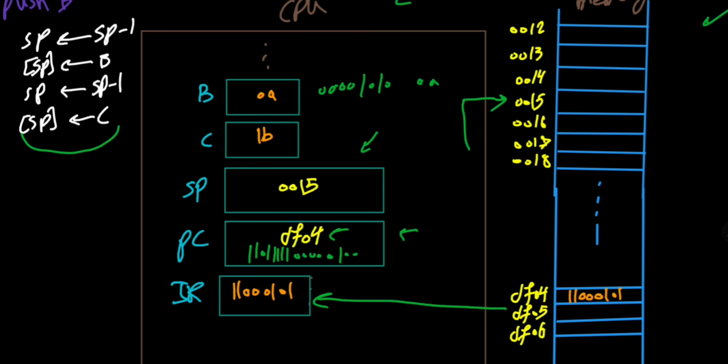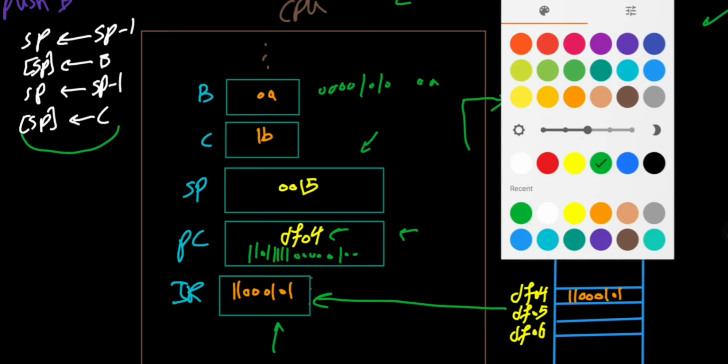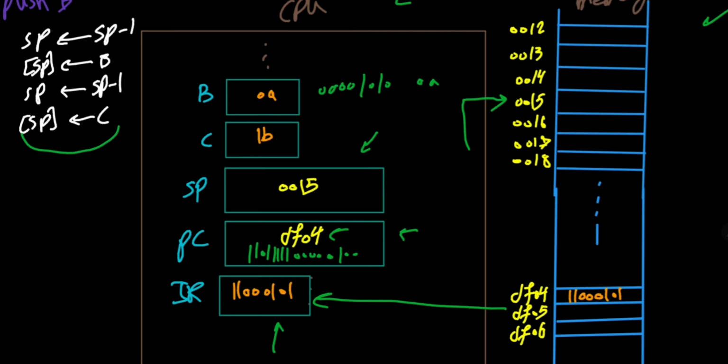As part of the decoding of this instruction, the value of PC would be incremented to DF05. Therefore, in the next cycle, the CPU would fetch whatever instruction is at the DF05 memory cell. But all of these details you already know, how the CPU would fetch, decode, and execute an instruction. So right now, the CPU is in the process of decoding these 8 bits.